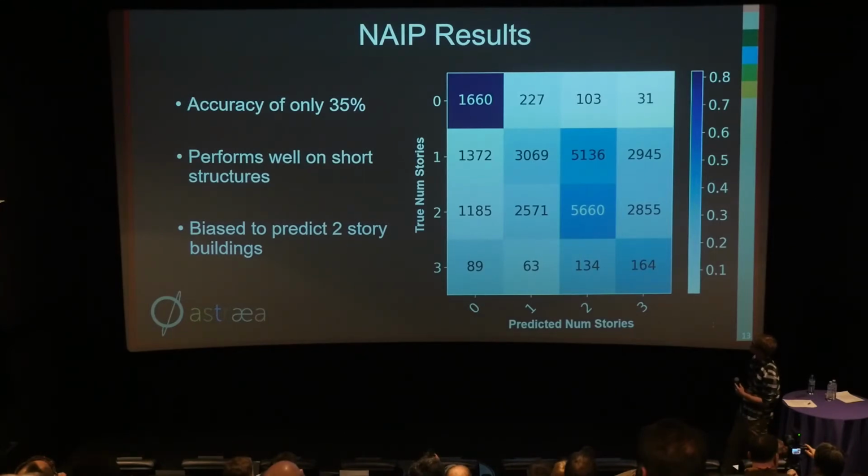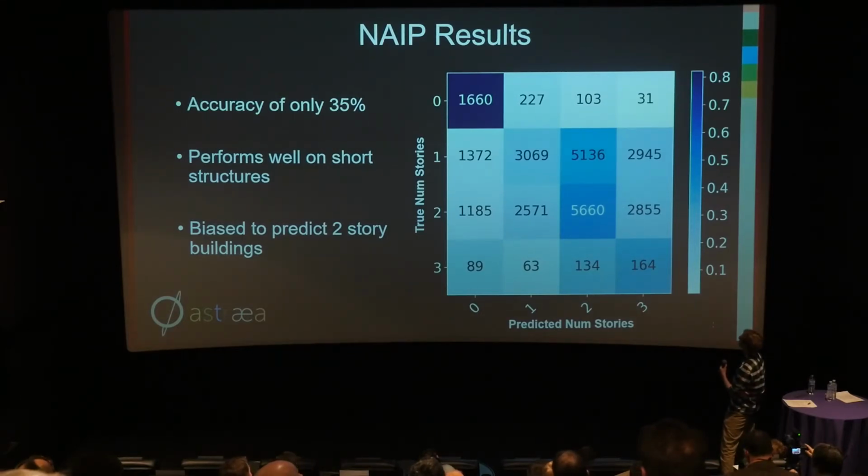It does the best when the number of stories of the building is less than a single story. So this is like less than 2-story structures, either coverings of cars or whatever else is very short. And it gets those right around 90% of the time.